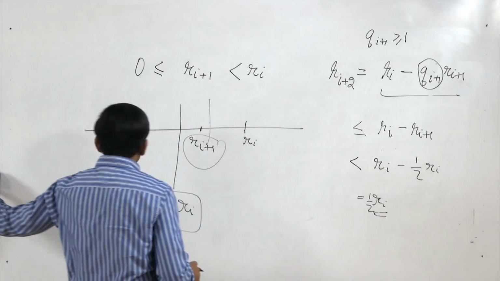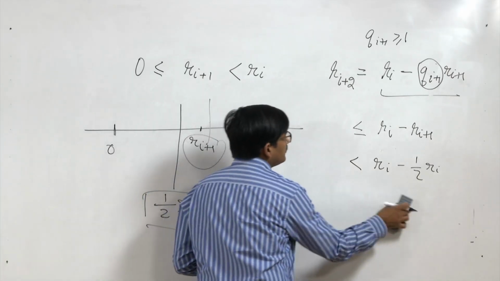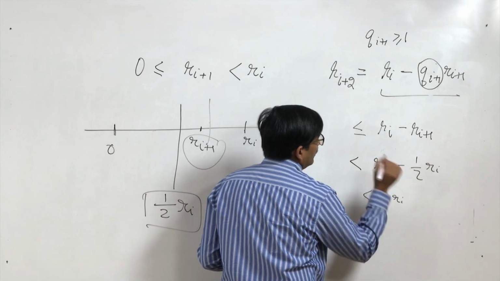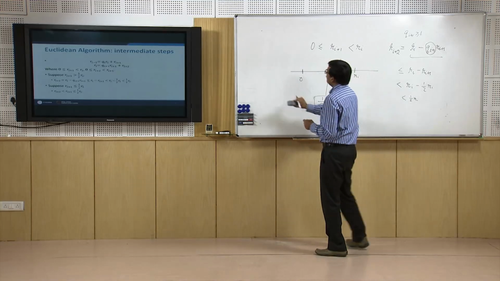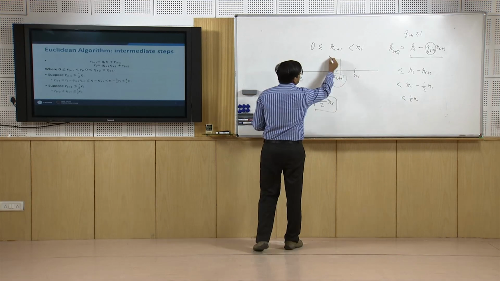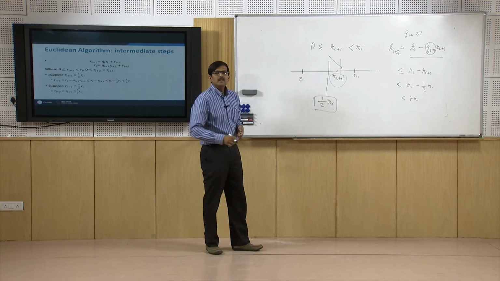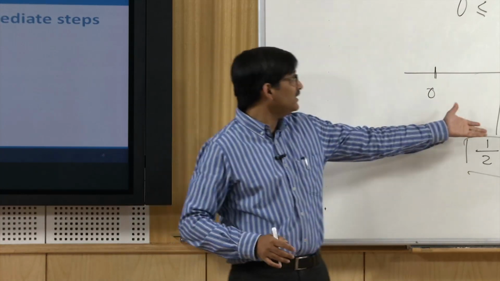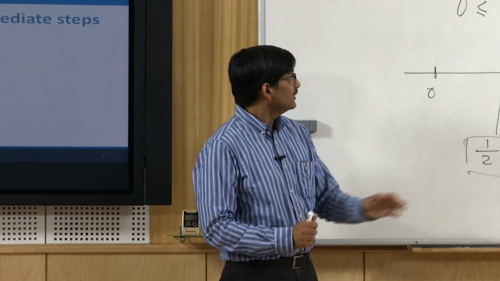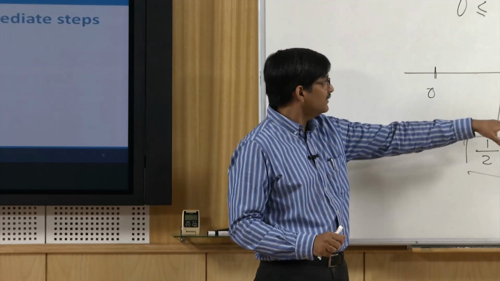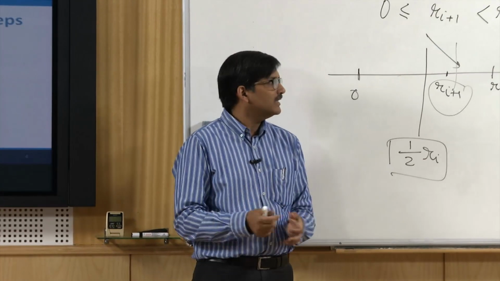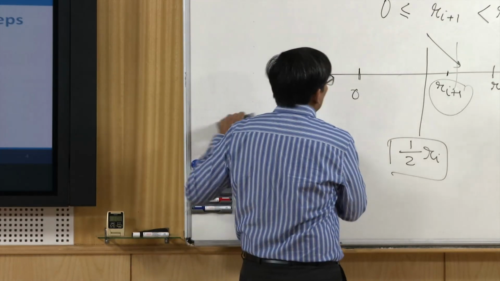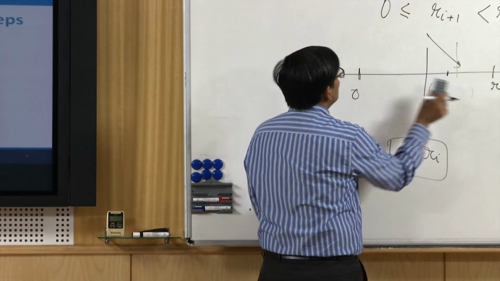Now, this means that if Ri plus 1 is on the right half of the range, then Ri plus 2 is strictly less than 1/2 of Ri. Now, suppose Ri plus 1 is on this side.